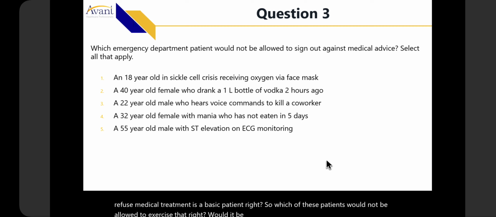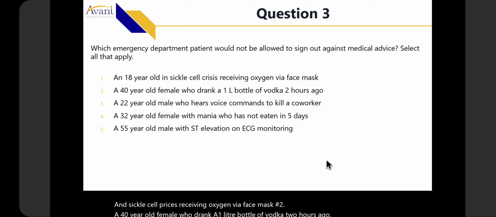Would it be number one, an 18-year-old in sickle cell crisis receiving oxygen via face mask? Number two, a 40-year-old female who drank a 1-liter bottle of vodka 2 hours ago. Number three, a 22-year-old male who hears voice commands to kill a coworker.